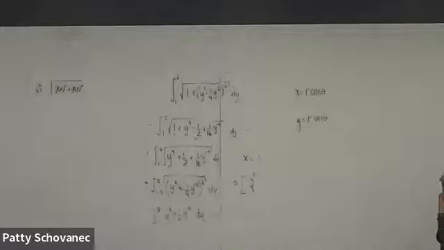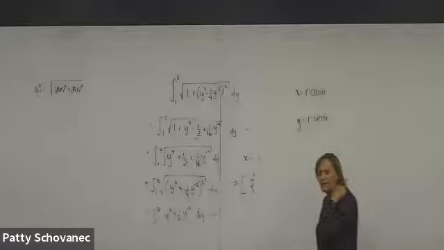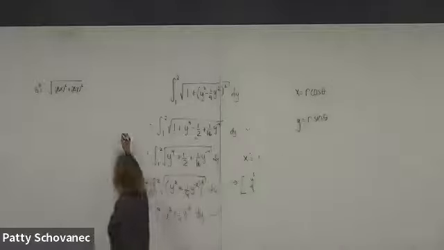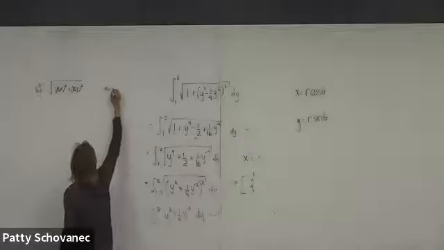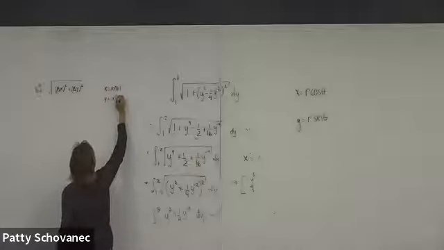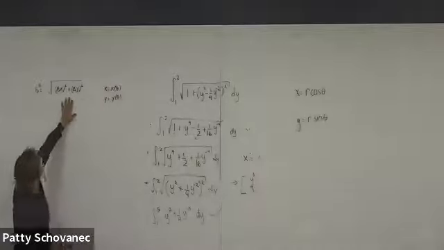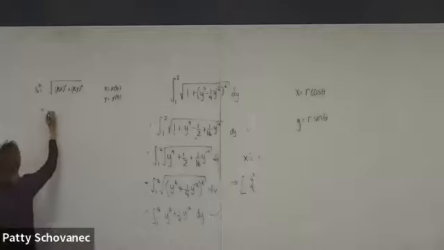And so, if I think about the change in x and the change in y now, where x and y are functions of theta, I'm going to use these things as functions of theta.